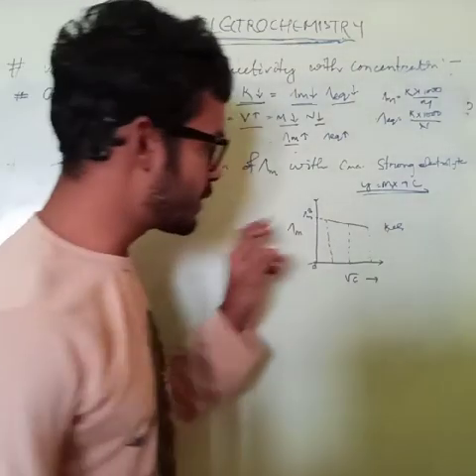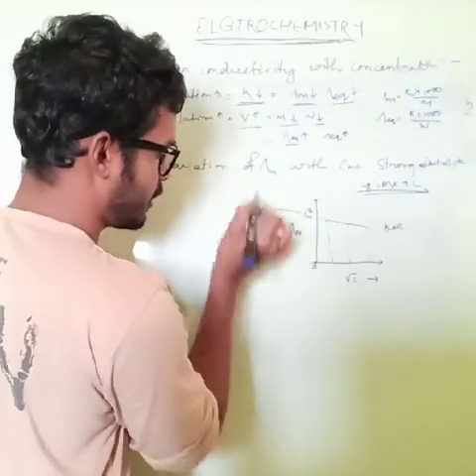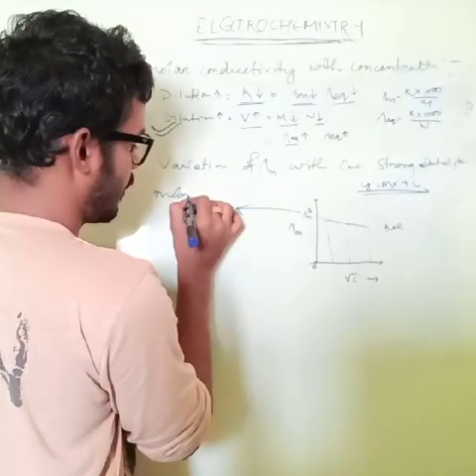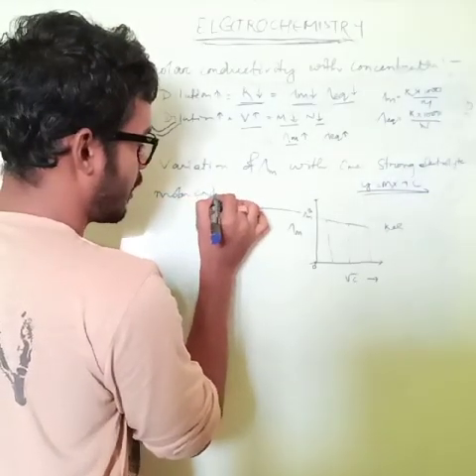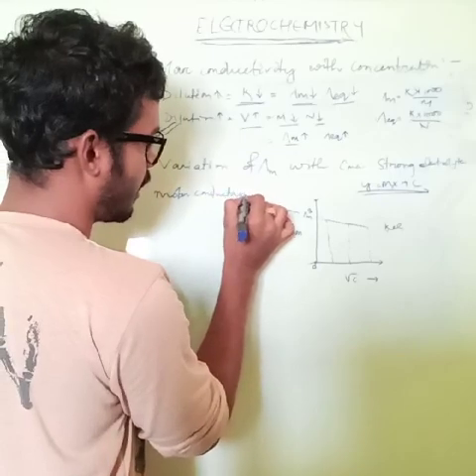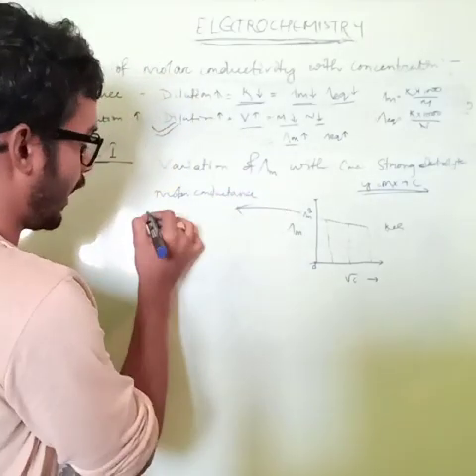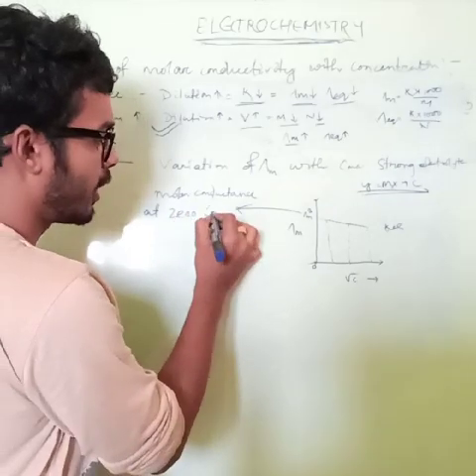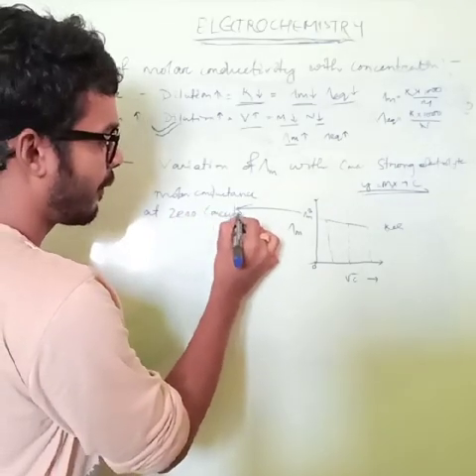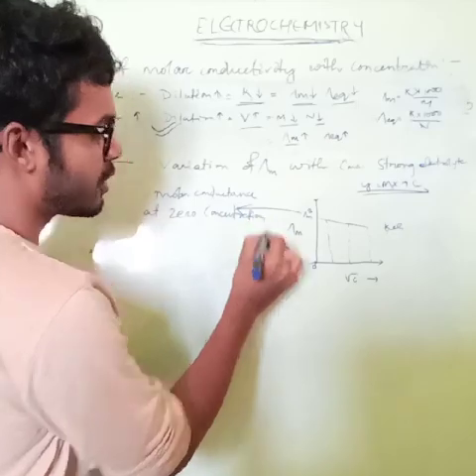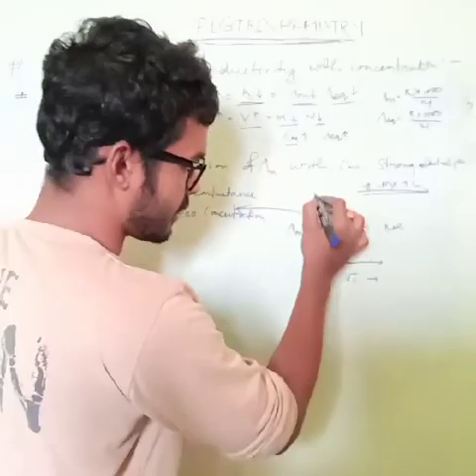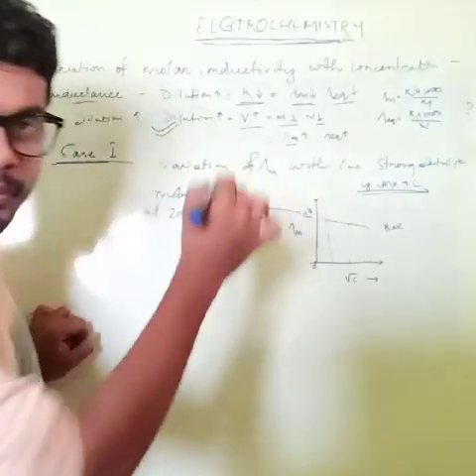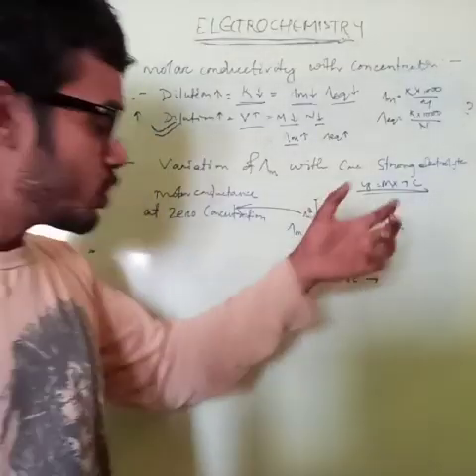That means at this point molar conductance is high at 0 concentration. Here on this axis, this is 0 concentration. Concentration level 0 means you are diluting.